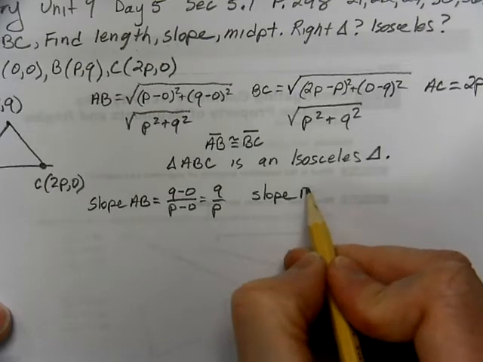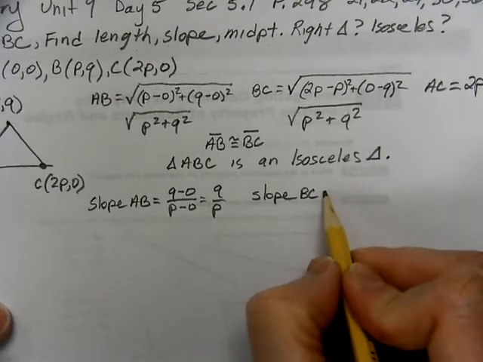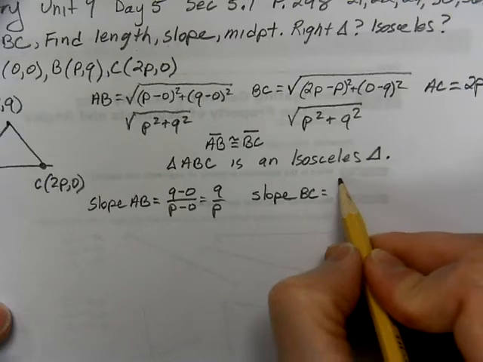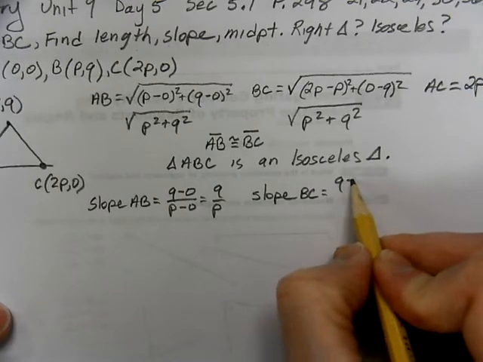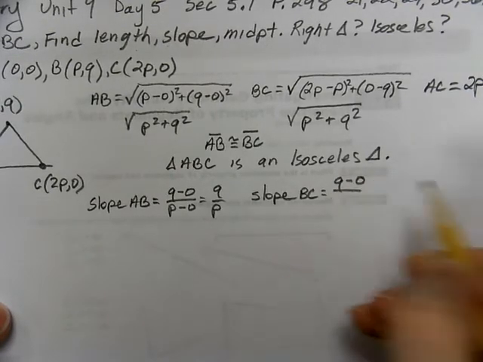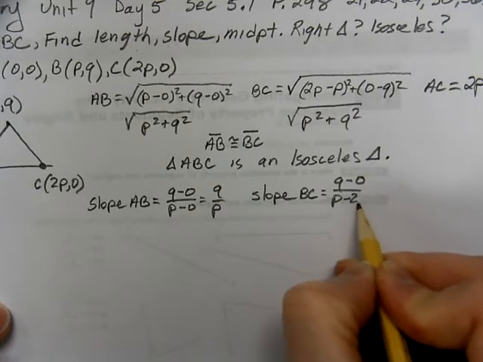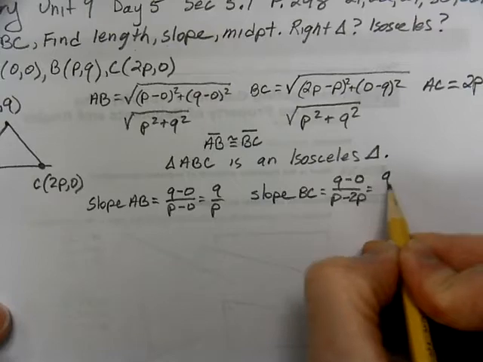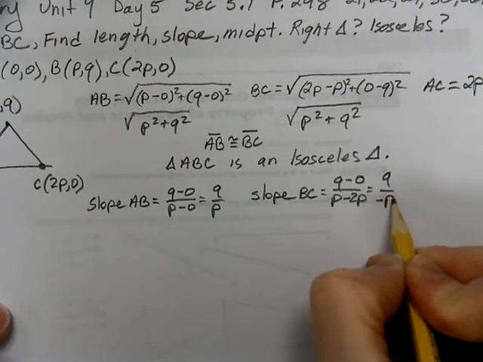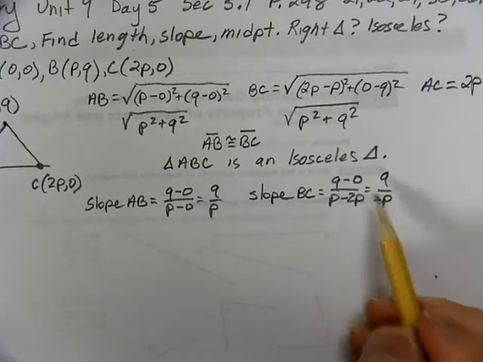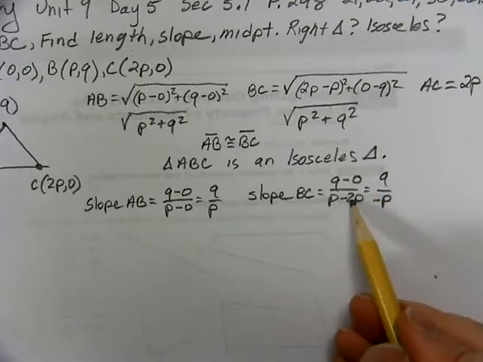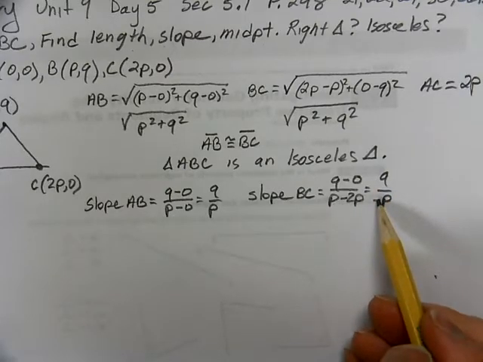Slope BC is going to be y1 minus y2 and x1 minus x2. So here we still have q and we have a negative p.